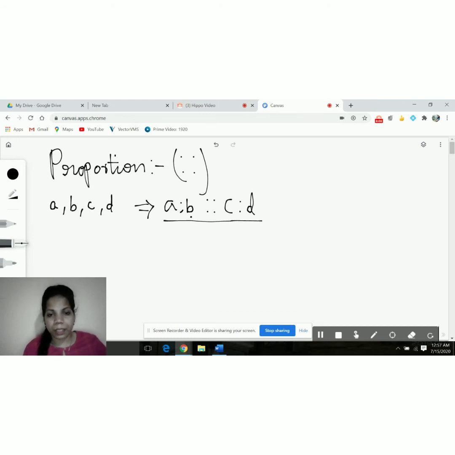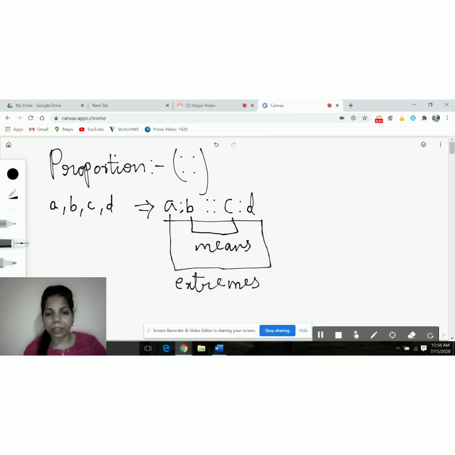Here, the second term and third term, that means B and C, are called means. And the first term and fourth term, that means A and D, are called extremes.